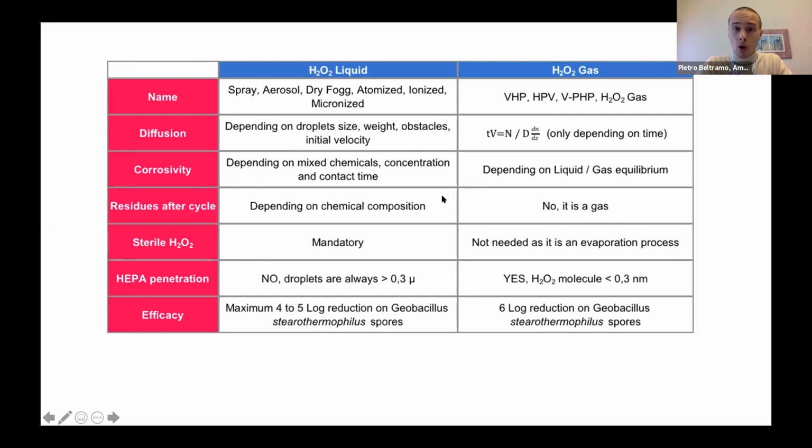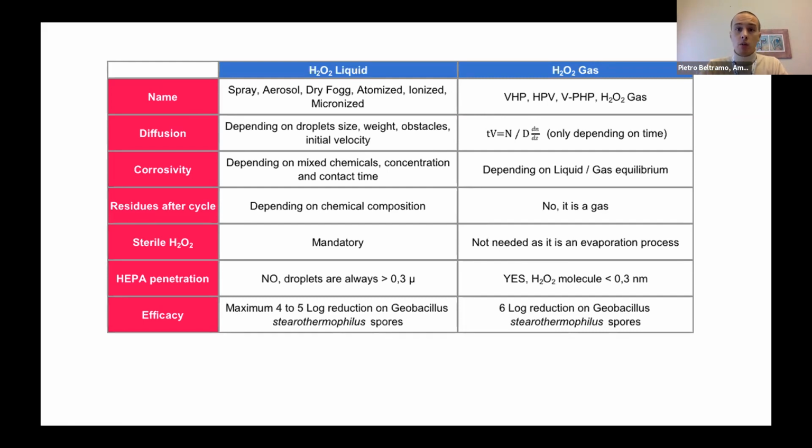Residues after cycle. Whenever you do the cycle, at the end of the cycle, you need to remove all the gas or the liquid that you introduced in your volume. The gas will never leave any residues because it's a gas. The liquid, it depends on the chemical composition.